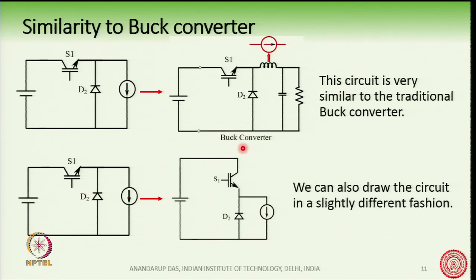I have drawn a buck converter here, and the buck converter also has a voltage source and a load. There are two switches here, an inductor and a capacitor. If we consider the current flowing through the inductor as a current source, then we see that the buck converter here has very much similarity with the circuit that we have developed so far.